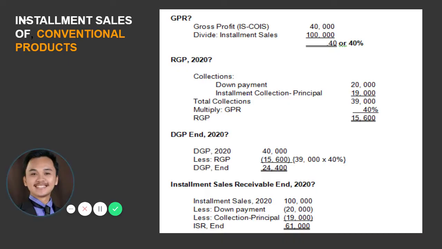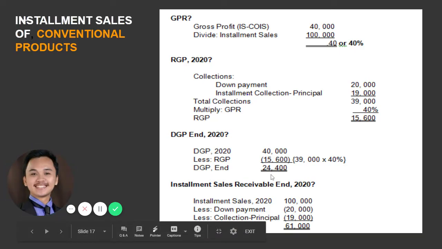So when the entire installment accounts receivable is collected, that also constitutes that our DGP will already have a balance of zero kung ang atoang total installment accounts receivable will fully be collected. So in this case, natay DGP for 2020 nga 40,000 earlier, less na realize nga gross profit nato for the year nga 15,600. So therefore, ang atong deferred gross profit end for 2020 will be 24,400.